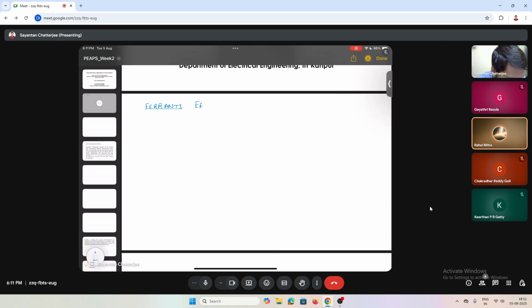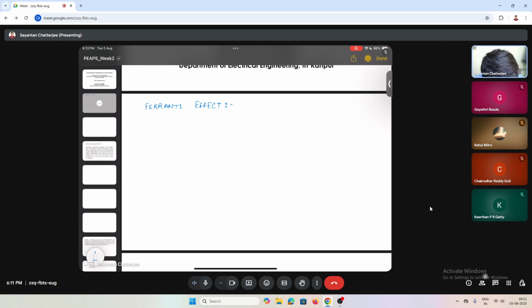During no load situations, or when a lot of energy is stored in the capacitive elements in the transmission design. Yes, in the no load situations or very lightly loaded conditions, the Ferranti effect is observed, where the receiving end voltage becomes higher than the sending end voltage, and this is generally observed in long transmission lines, right?